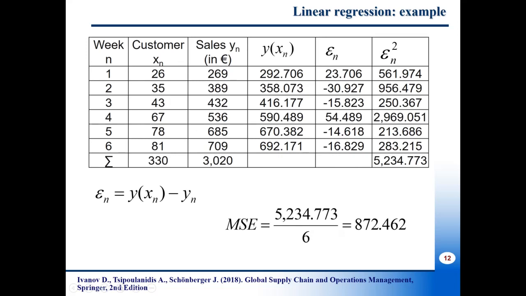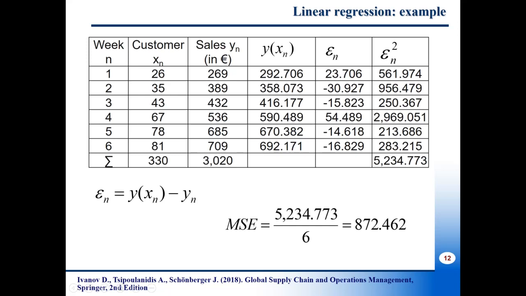And what about the error? The error is the discrepancy between yxn and the actual sales, and we have these values, and we square this error, and we have the square error here in this last column.